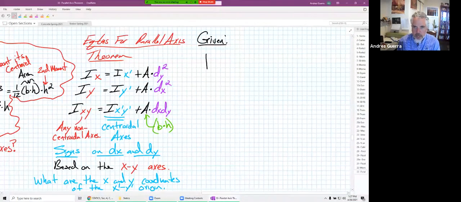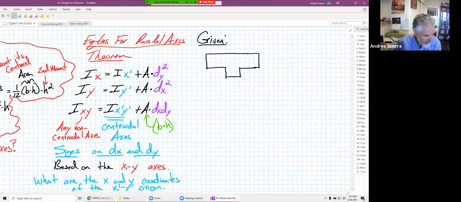So we have a concrete section here that we're going to pull out, and this has a dimension up here of 12 inches, and then this is 3 inches. This down here is 5 inches, and then the height right here is equal to 2 inches.